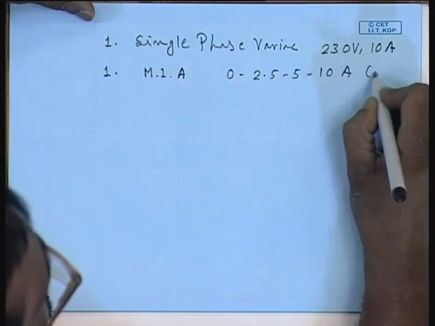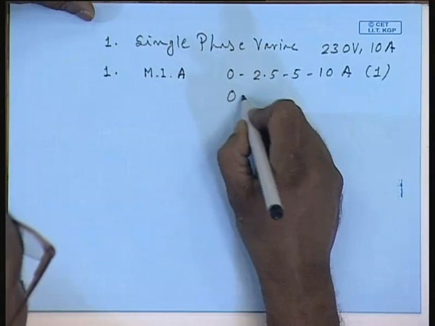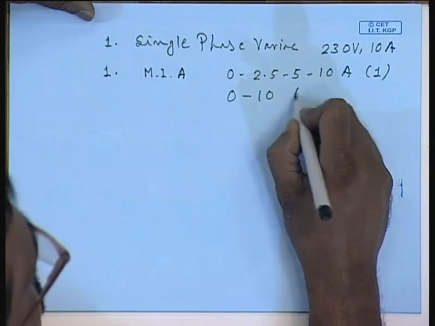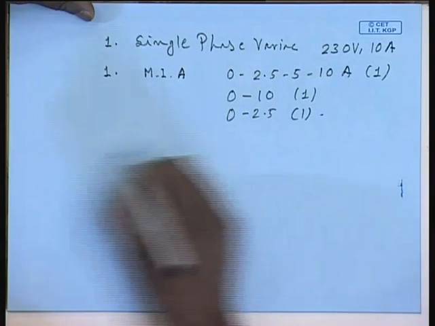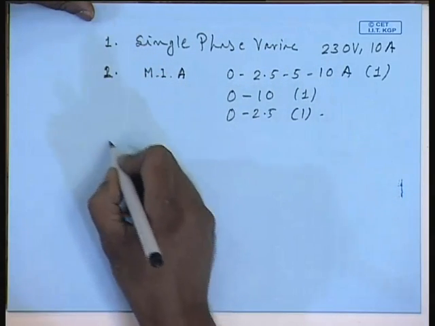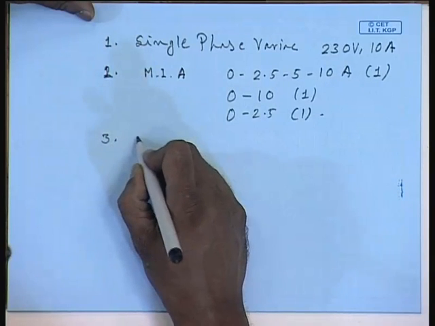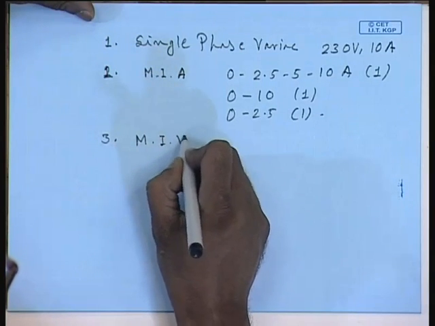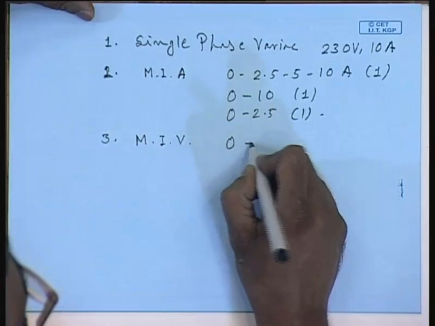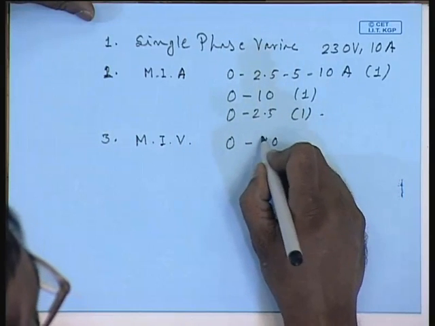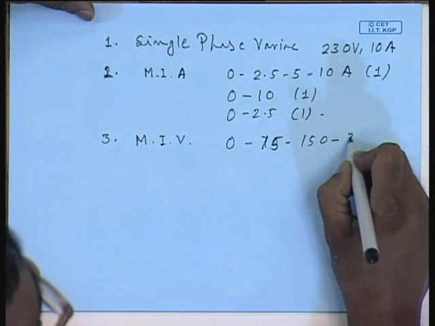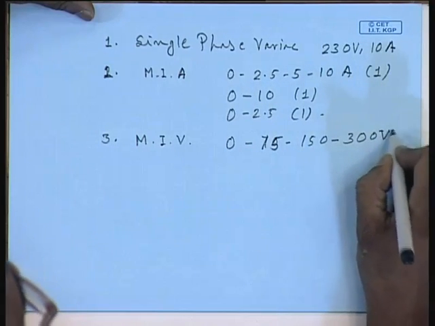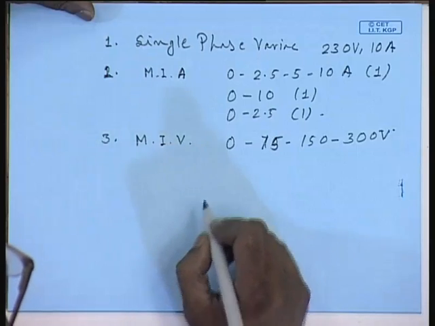If it is available, then one, otherwise you will have to get a 0 to 10 ampere one and a 0 to 2.5 ampere one. Voltmeter, you can again choose 0, 100, 0, 75, 150, 300 volts. This is a normally available voltmeter.